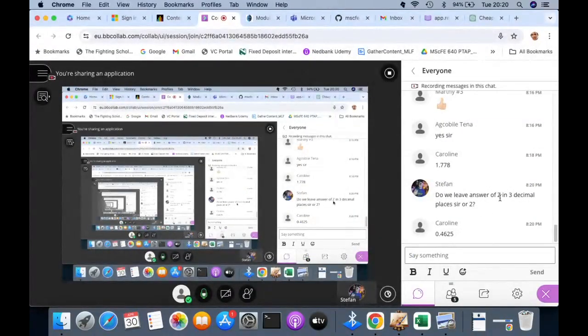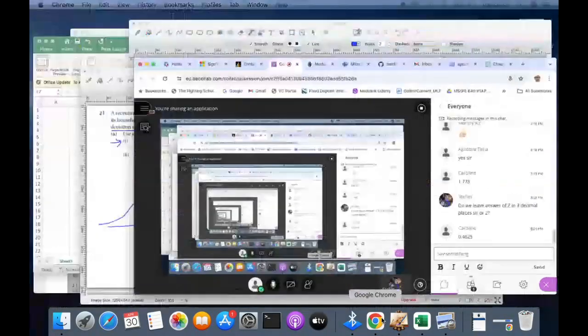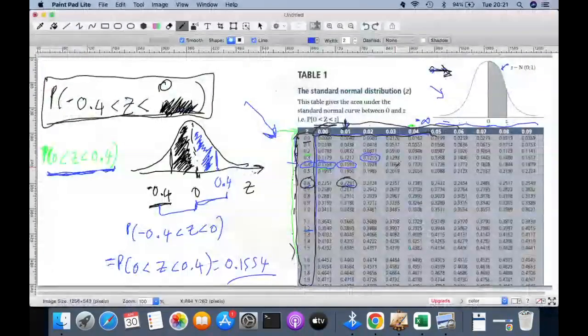Do we leave the answer Z? Stefan, let me get your question first. There's a reason why I rounded to 2 decimals. Can you see this table? It only goes to 2 decimal places. So if you wanted Z of 1.778, it won't go up to that. It'll only go up to 1.78 here.